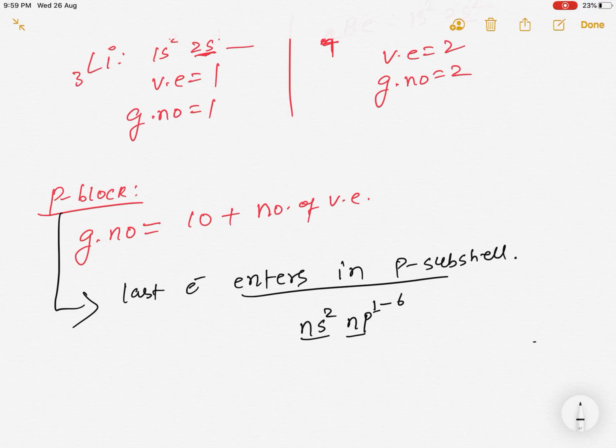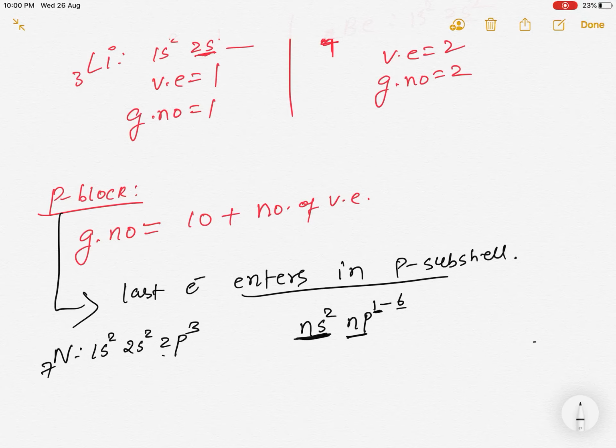P can take from 1 electron till 6 electrons, but before that the S subshell has to be fulfilled. According to the Aufbau principle, the S subshell of the valence shell has to be filled, then only you can move to the P subshell, and P can take electrons from 1 to 6. We'll see a few examples. Let's take nitrogen. You see 1s2, 2s2, 2p3.